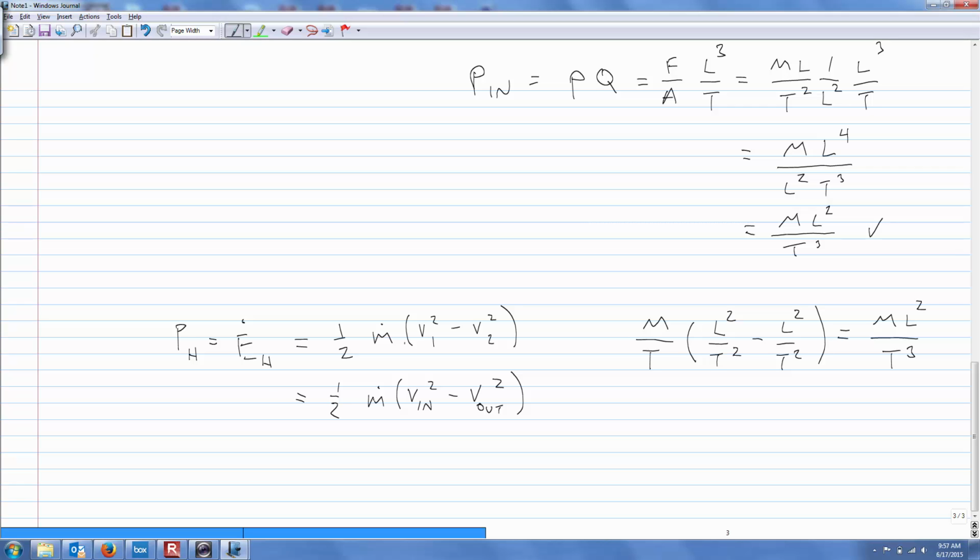All right. So what we should be able to do on this m dot is know that m dot equals Q times something.